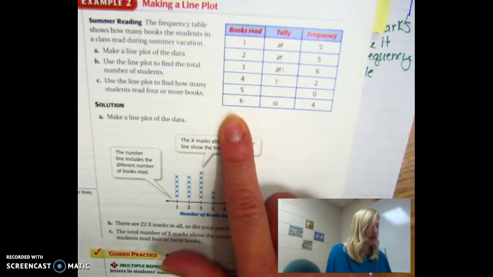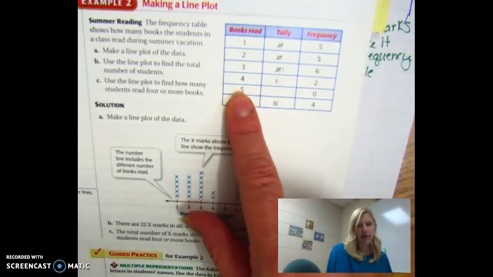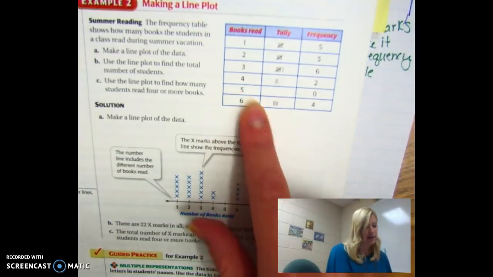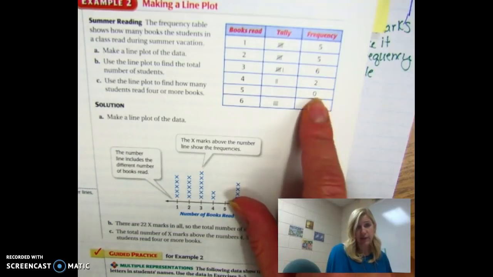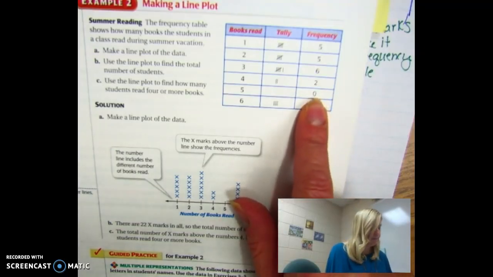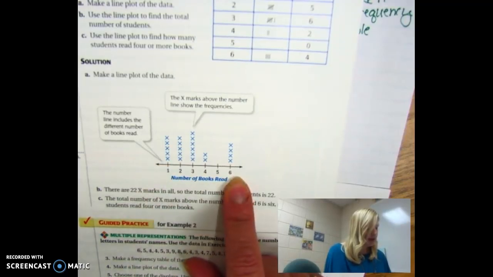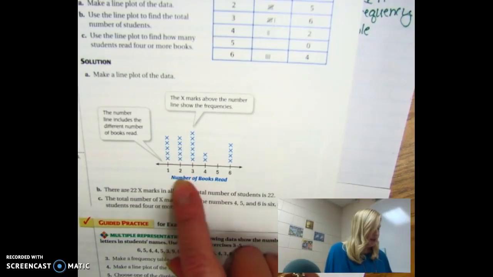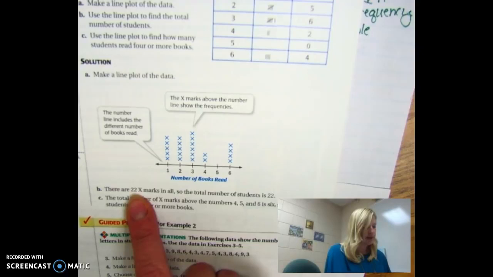So here's the books read, and if you look here, they even included that nobody read just 5 books. They either read 4 or 6. But notice the 5 is still on the frequency table. So they're going to make a line plot of the data. There's the number of books read. And if you count all the X marks, there are 22 X marks in all.